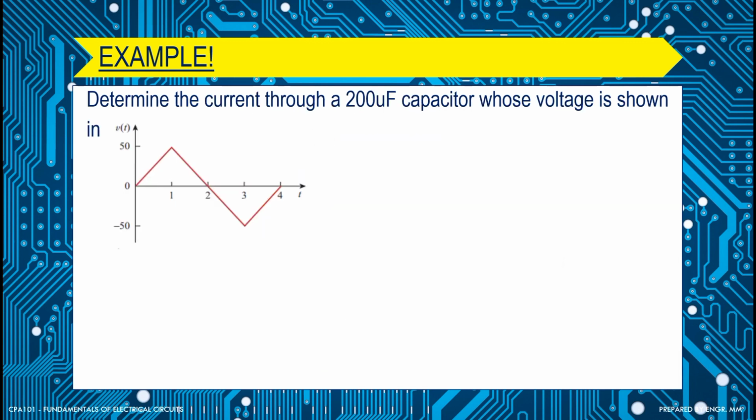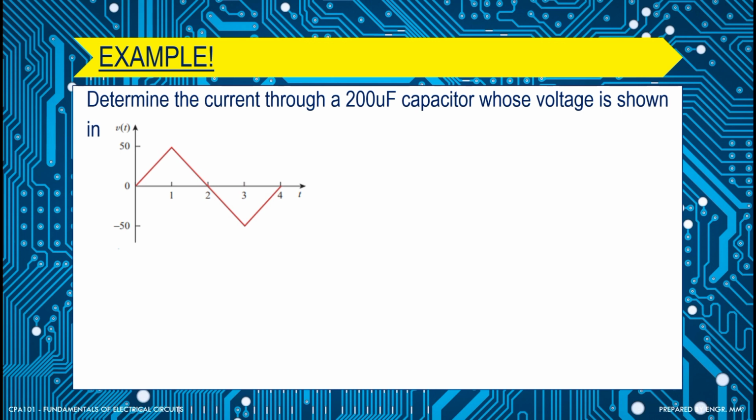Now we have here another example. Determine the current through a 200 microfarad capacitor whose voltage is shown in this graph. Okay, so we have here our horizontal axis is the time, and our vertical axis is the voltage.